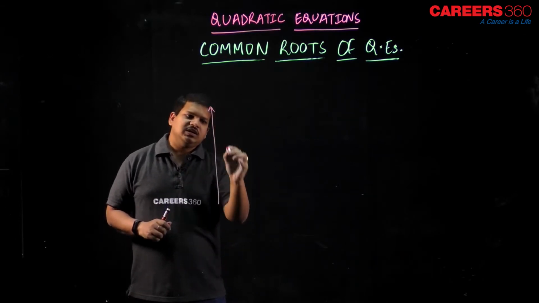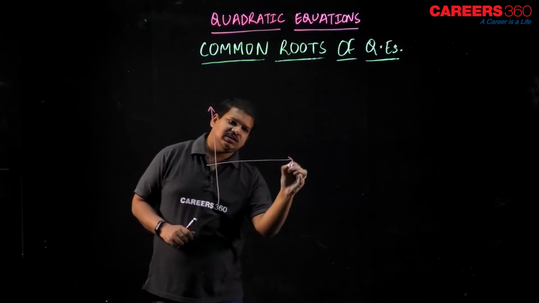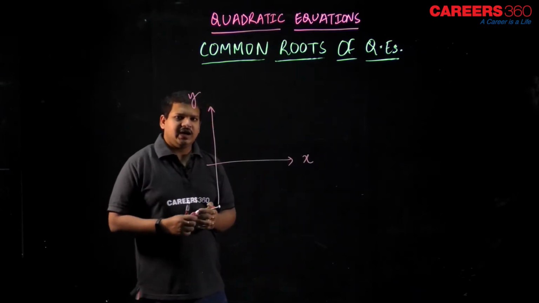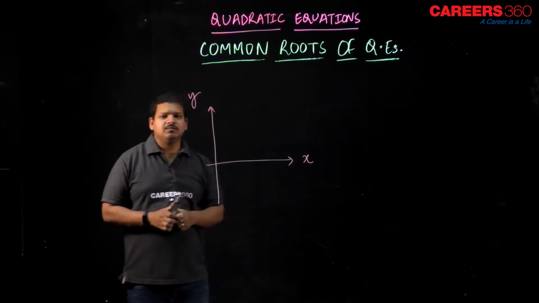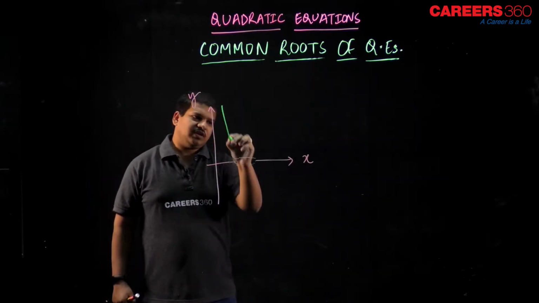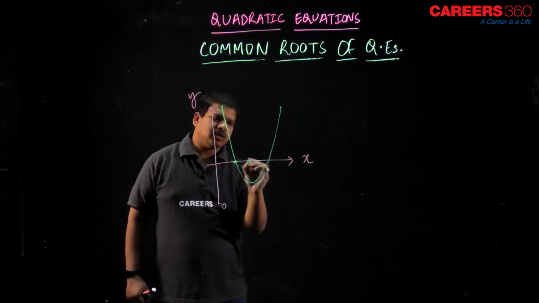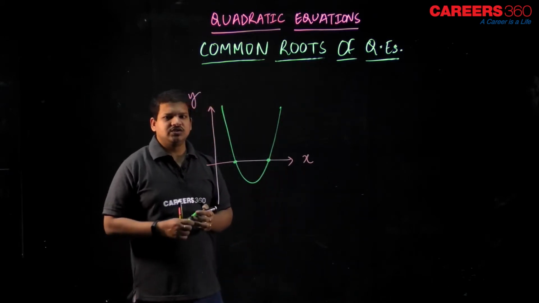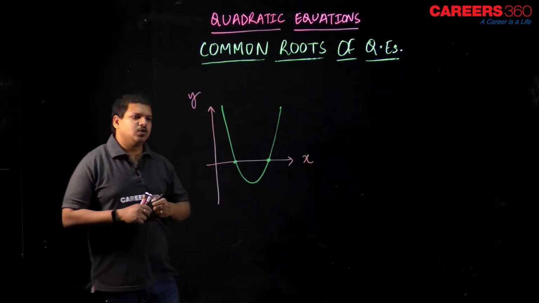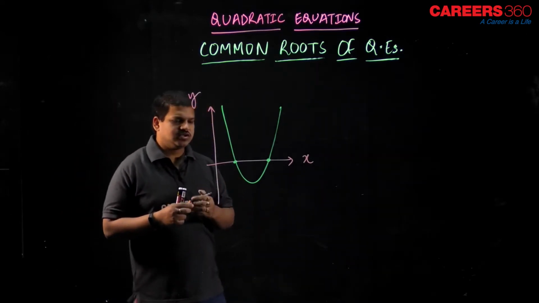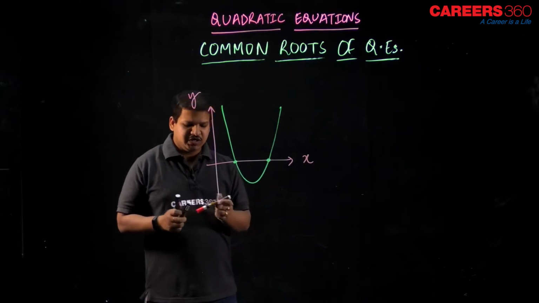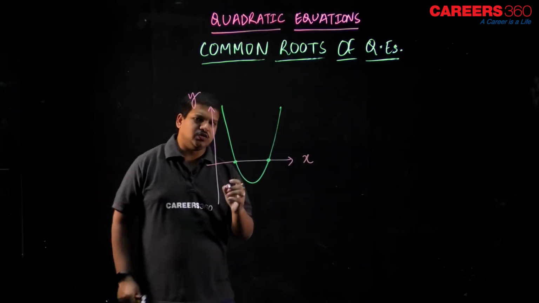So let's say this is x and y axis, and let's say if it is a quadratic equation with positive a, then these two roots are there. Now what if there is a quadratic equation whose roots are somewhat nearer to this original equation?